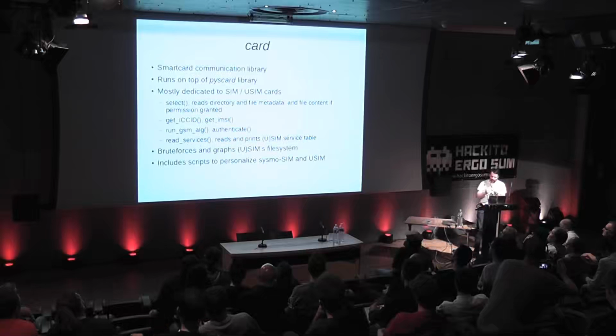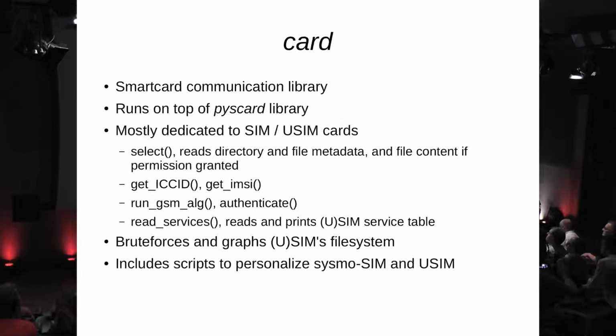The first library is called CardEAT. It's done in order to communicate with mostly SIM and USIM cards, so the SIM cards that you have in your phones. Basically, it's putting nice function names on APDUs that are transmitted to the SIM card. So you can read the whole SIM.